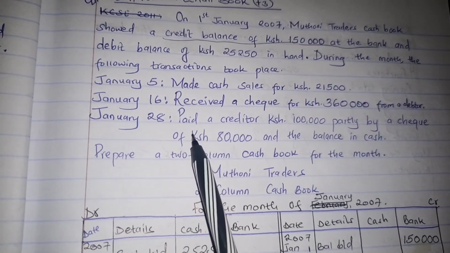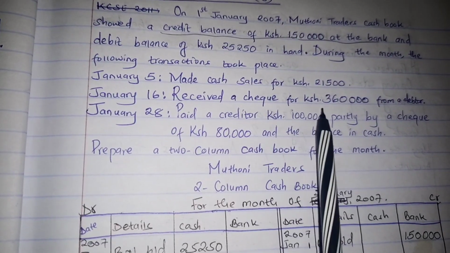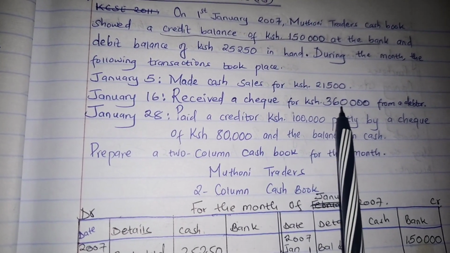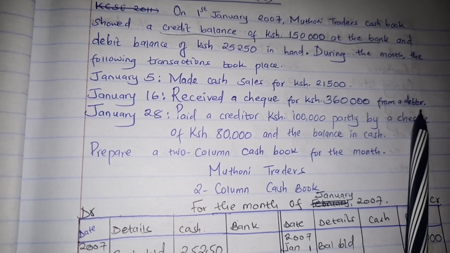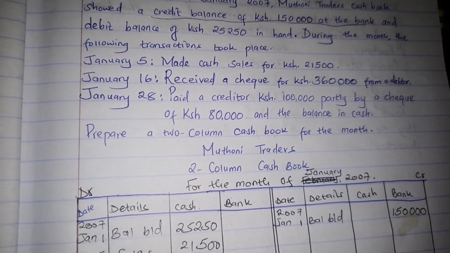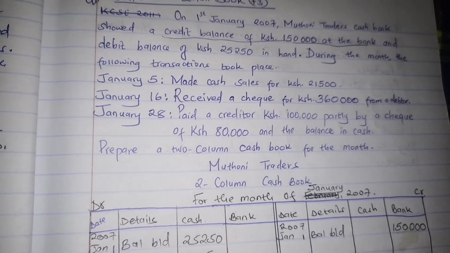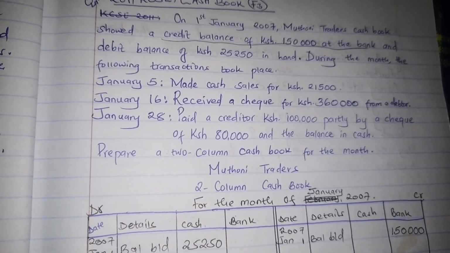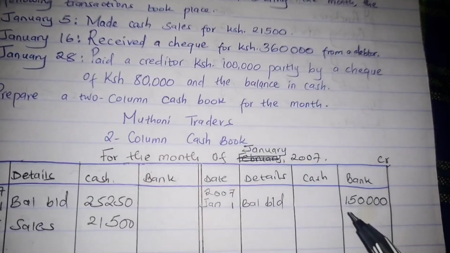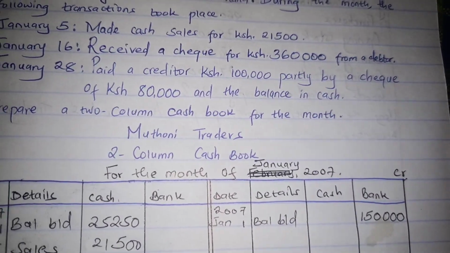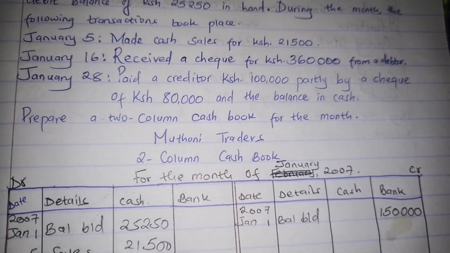Next is date 16, whereby a check was received worth 360,000 from a debtor. So money received again. Remember, debit side we record money received, credit side we record money paid or money out of the business.